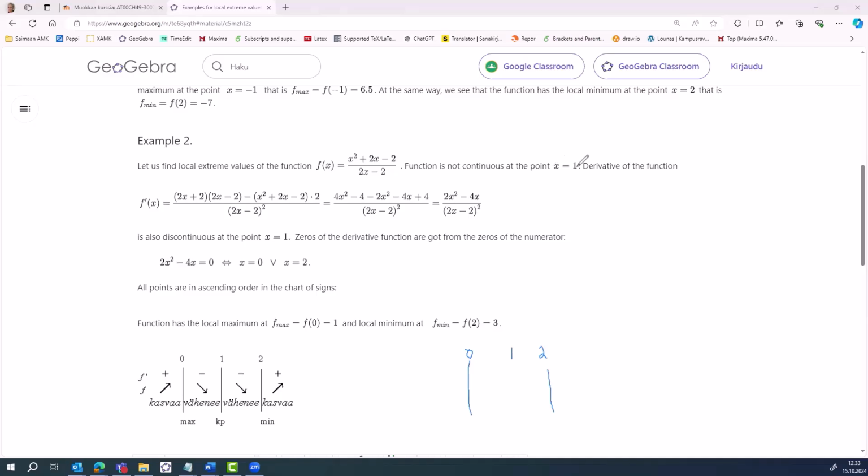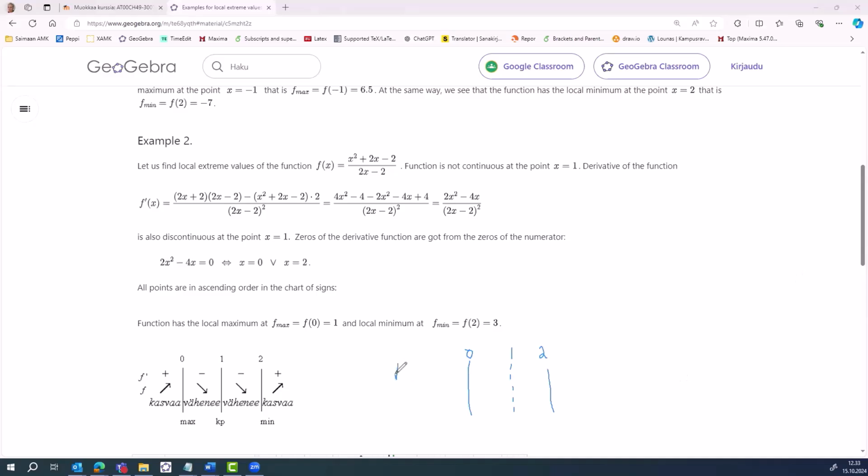But because 1 is a discontinuity point, I have a dashed line there. It's not required, but it reminds me that this is a special point. You have to be careful with this one.